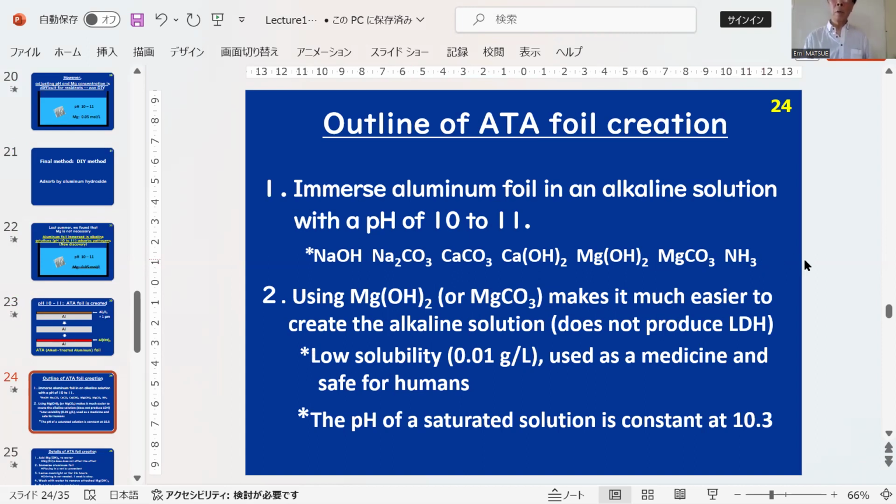Any alkaline solution is okay if the pH is 10 to 11 or 12. But using MgO or MgCO3 makes it much easier to create the alkaline solution.